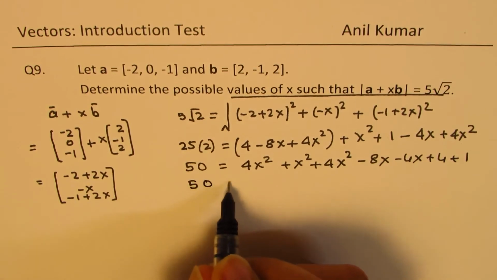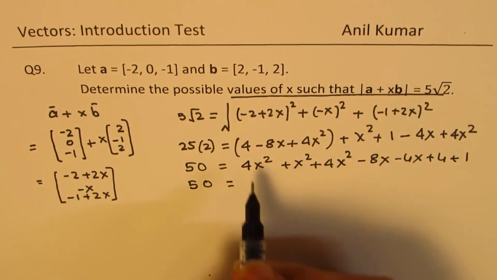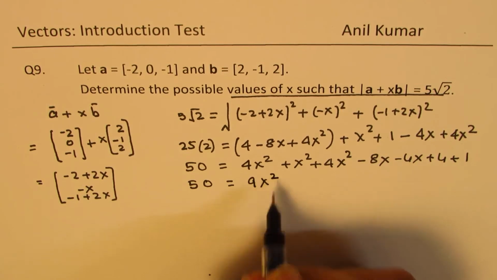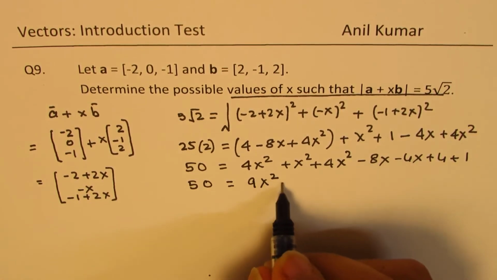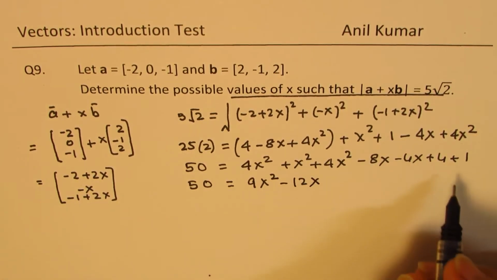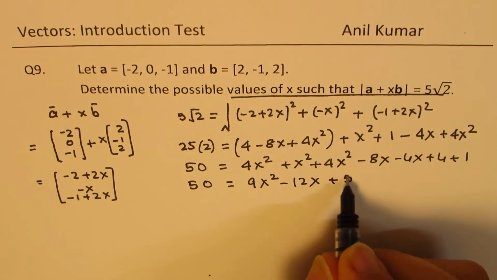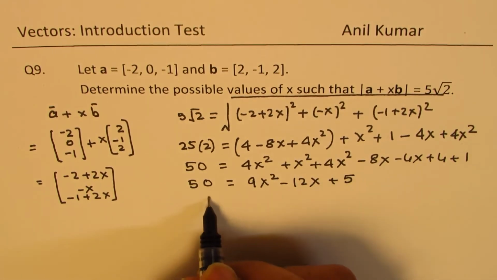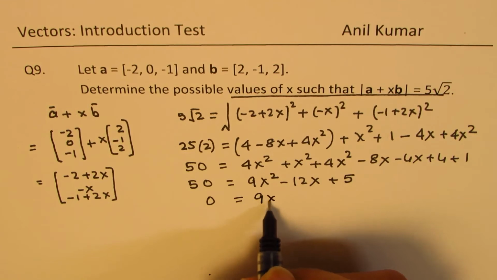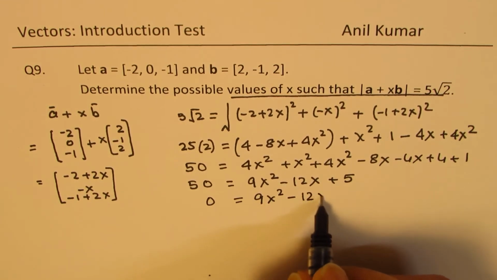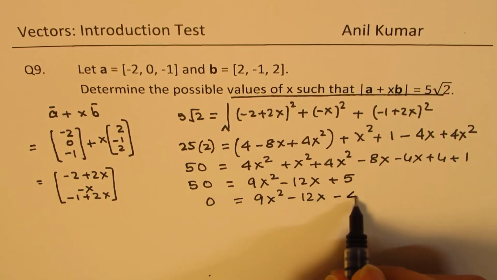So we have 50 equals 9x squared, minus 8x and minus 4x is minus 12x, and then we have plus 5. Taking 50 to the left side, we get 9x squared minus 12x minus 45.